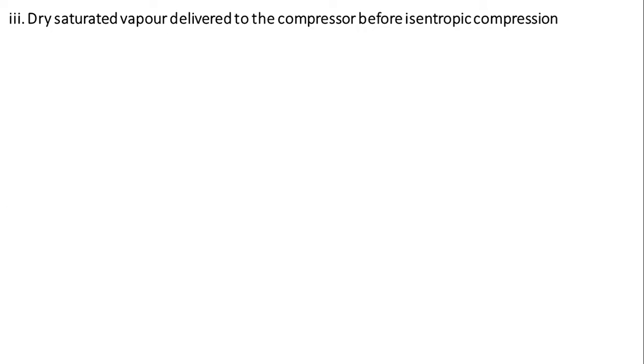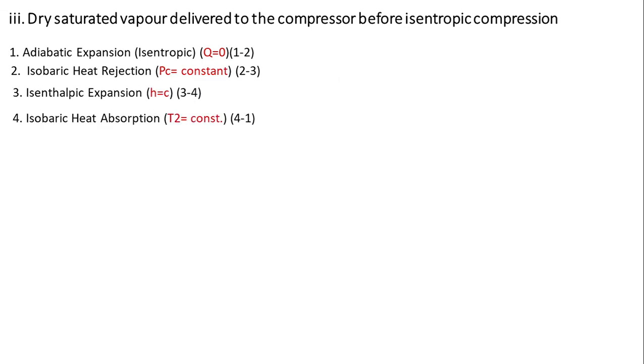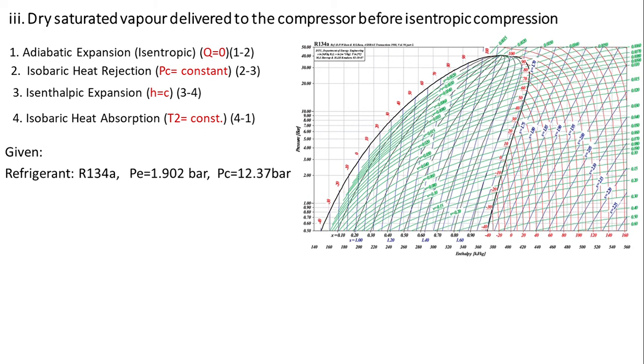Now let us go to the next condition. I will just explain this condition and then we will stop, because you can solve this problem at home also. The condition is: the dry saturated vapor is delivered to the compressor before isentropic compression. So see these four processes, as we have discussed previously, the same processes are there, and you have the pH chart.